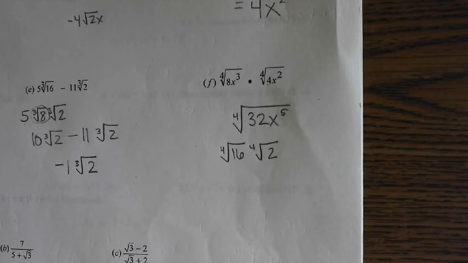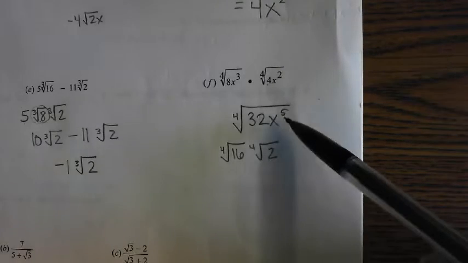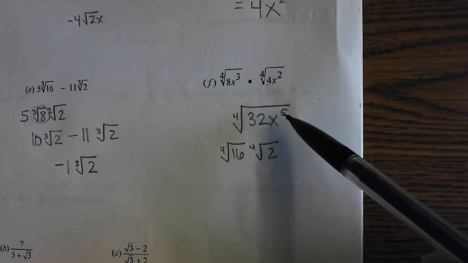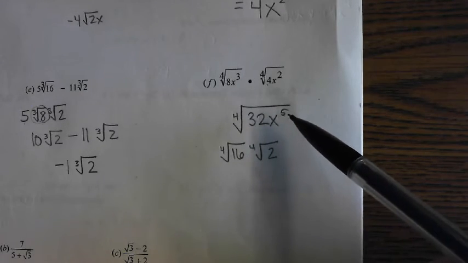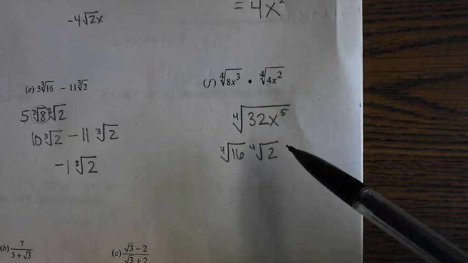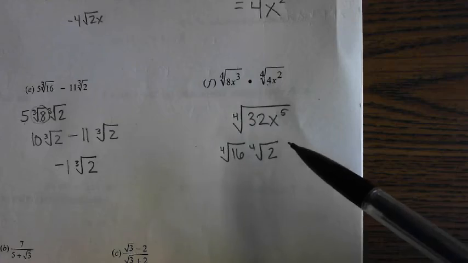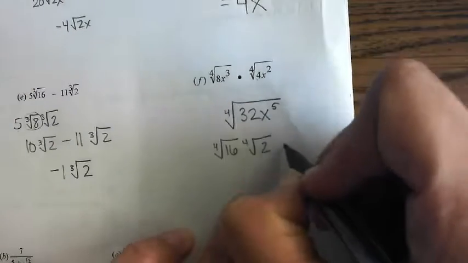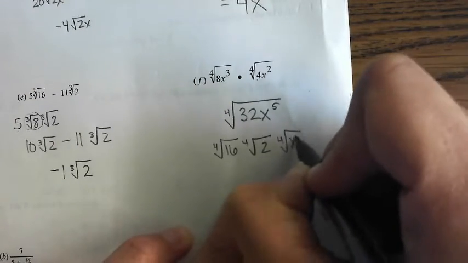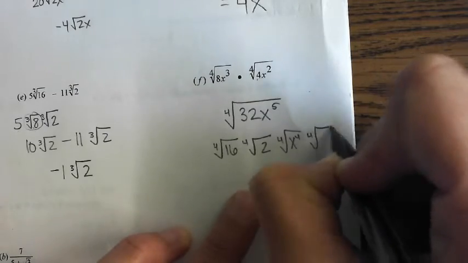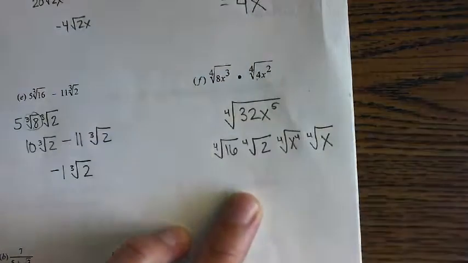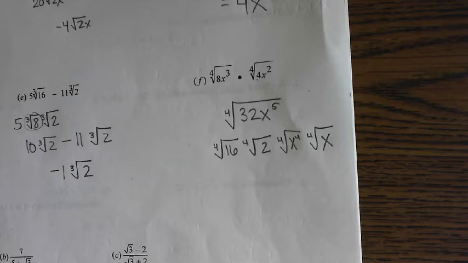Now, x to the 5th, the way we're going to handle that is different. We're going to look for the exponent that 4 goes into evenly, that's closest but under 5. 4. So I'm going to break up x to the 5th into x to the 4th times x, right? X to the 4th times x is a good replacement for x to the 5th.